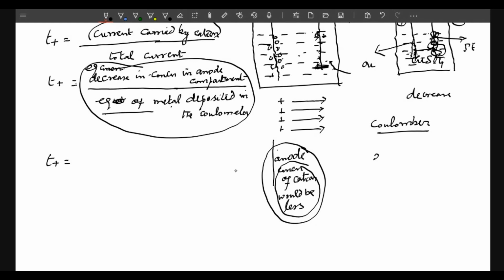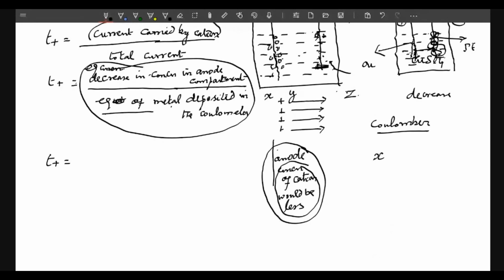Let us assume that X is the initial concentration, Y is the concentration after the experiment is over, and Z equivalents are deposited at the coulometer.